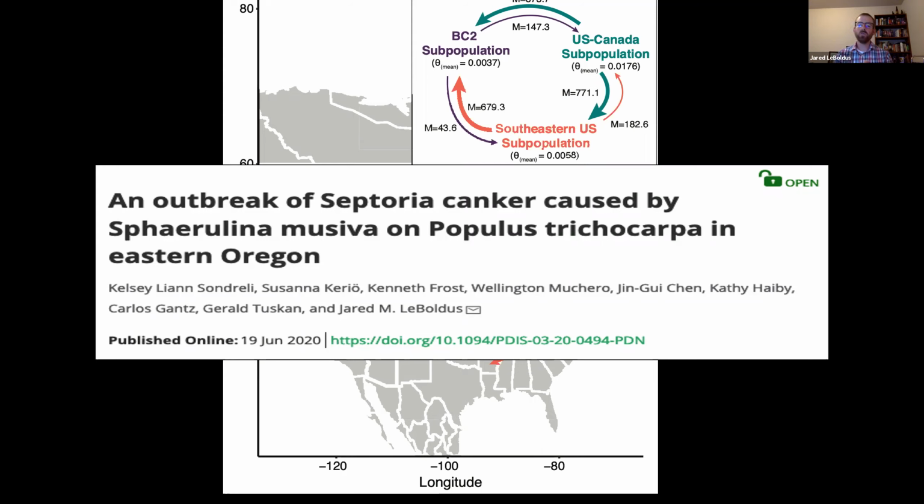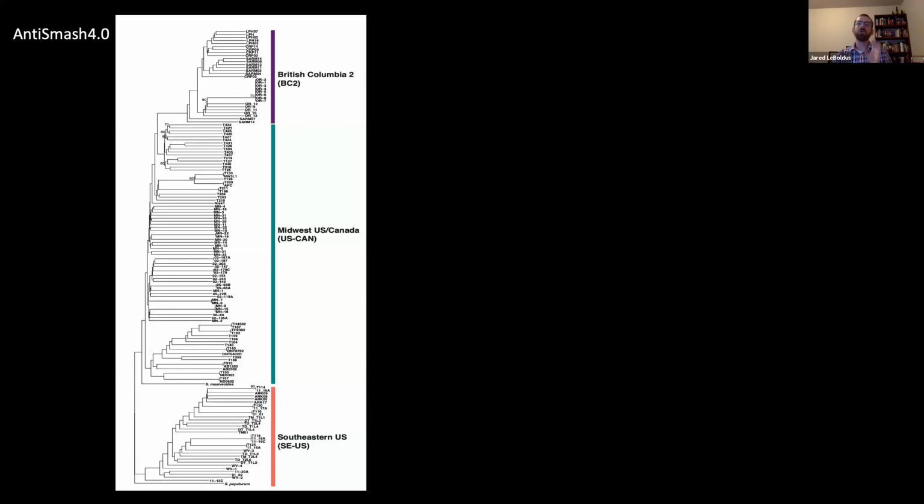One of the advantages when you have these populations already developed is that we were able to place these Oregon isolates that we collected in this phylogenetic framework. And you can see when you look up here that the Oregon population that we collected, so we have about 8 isolates here, and then we have 4 more isolates down here, they fit neatly into this British Columbia 2 cluster.